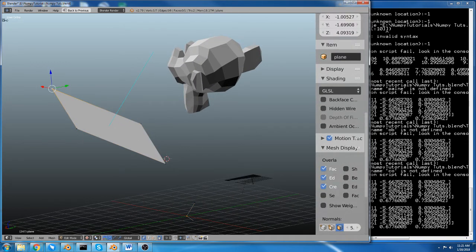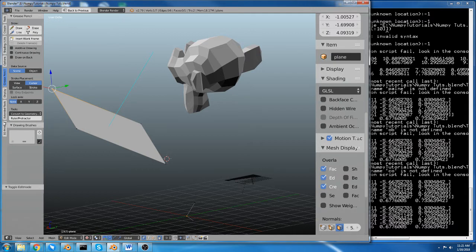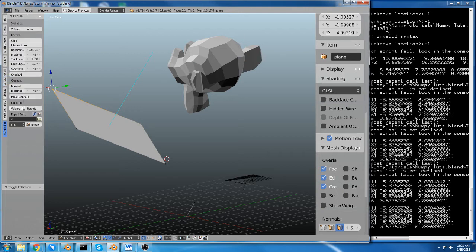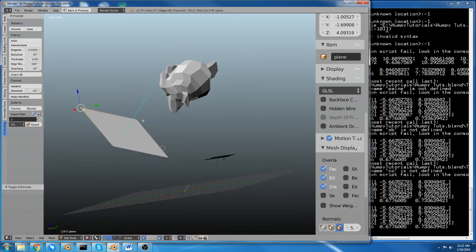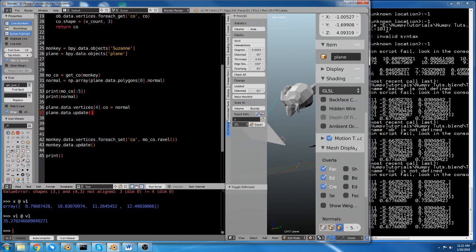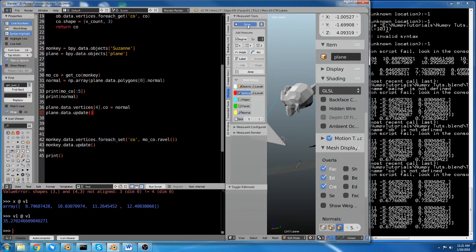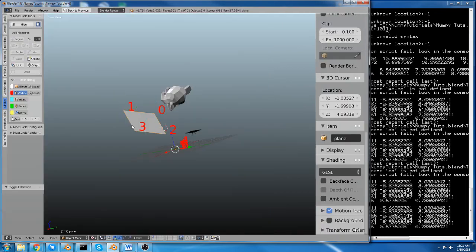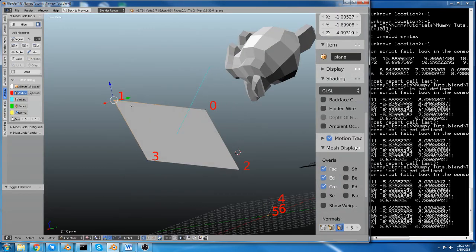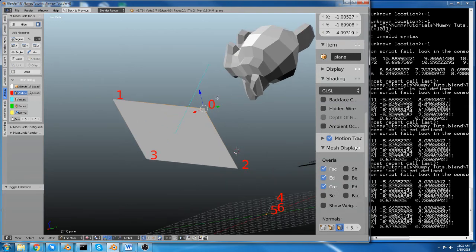So I need to see what this number is, for example. And my MeasureIt tools, where did they go? That's not it. Did my MeasureIt tools go away? 3D printing, display, oh here we go. Okay, so my MeasureIt tools, we'll just do 0 actually, because 0 is fun to work with. All right, so we're going to use this as the origin for our normal.